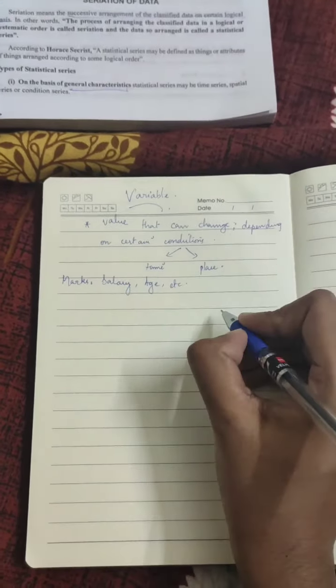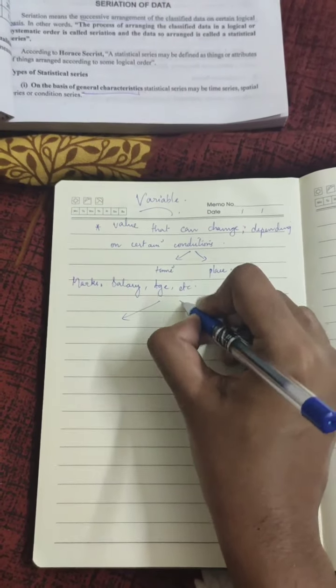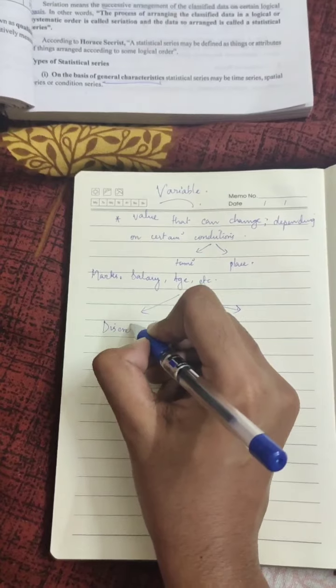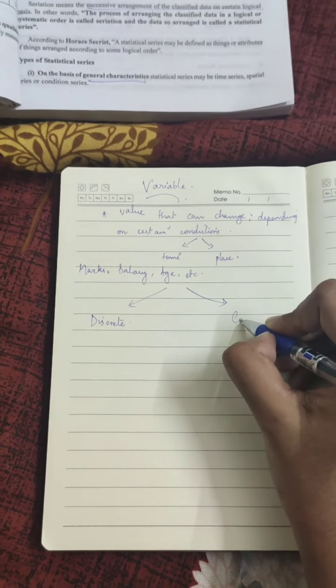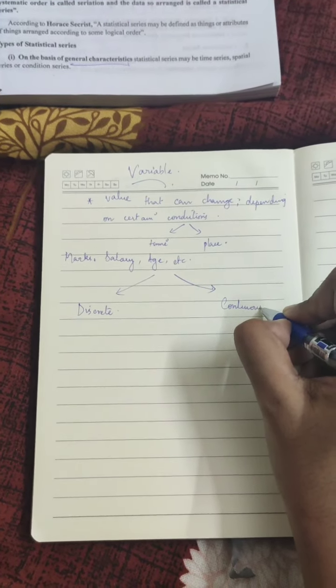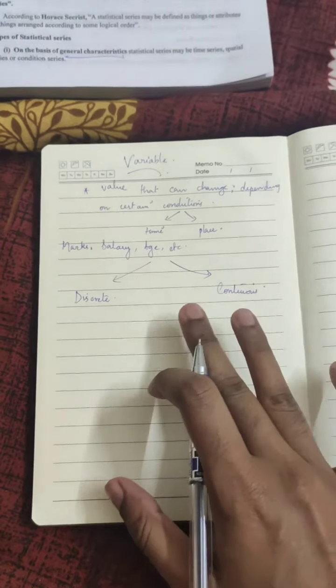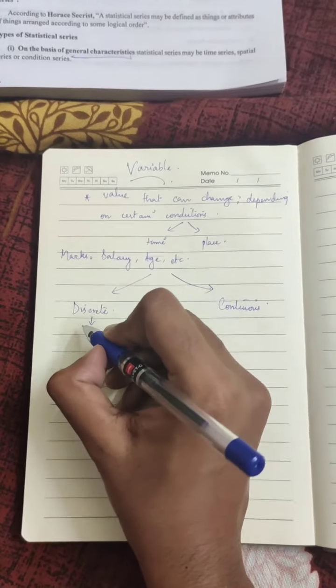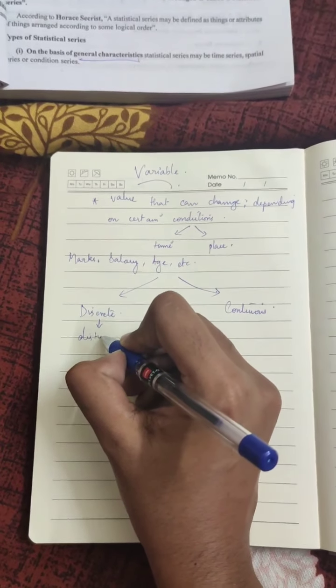So a variable is divided into two types: discrete variable and continuous variable. Discrete, as the word itself says, means distinct.